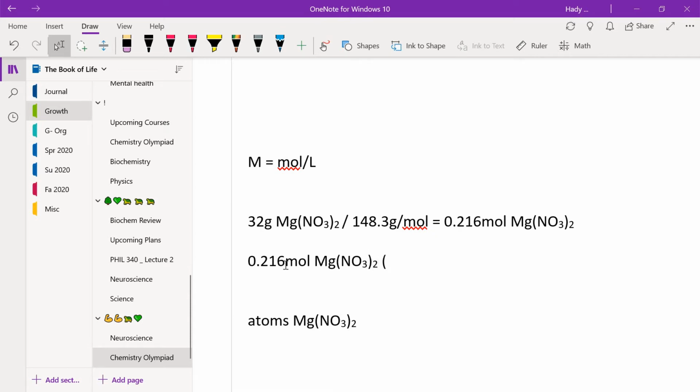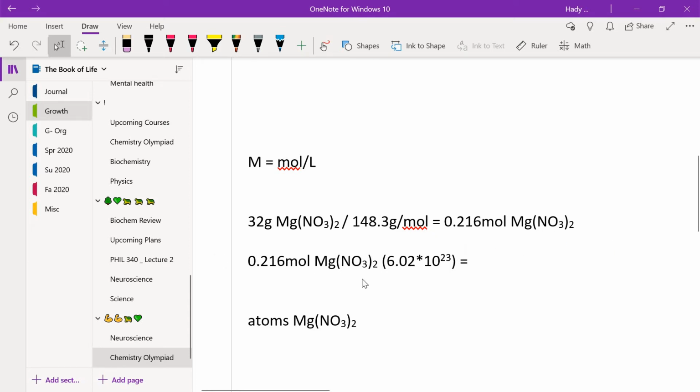Well, in 1 mole of anything, there's 6.02 times 10 to the 23rd. And so you're gonna have that many atoms, however, that doesn't work out. Oh, that didn't work out either.